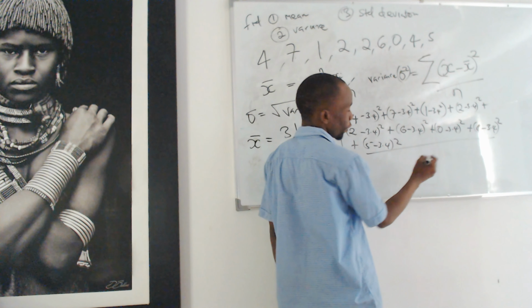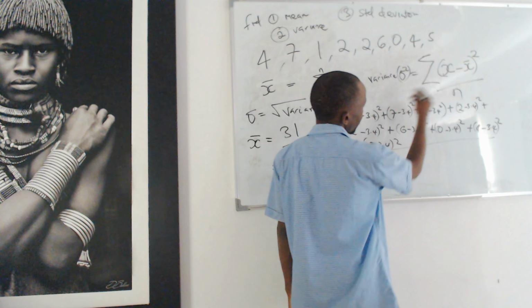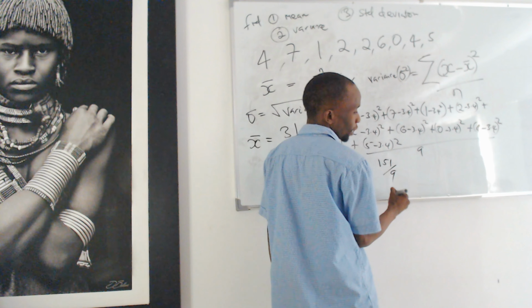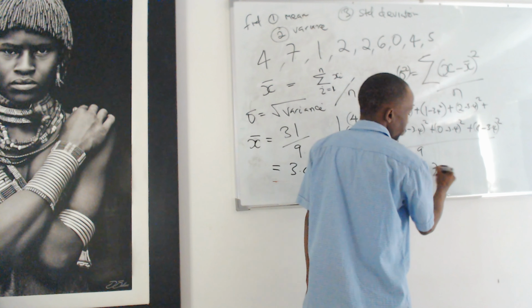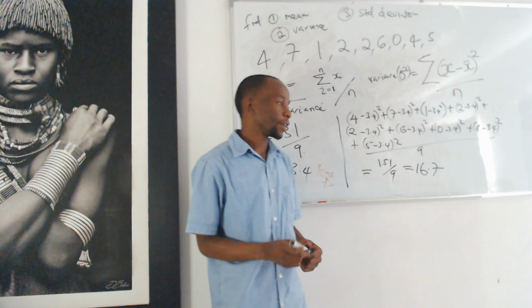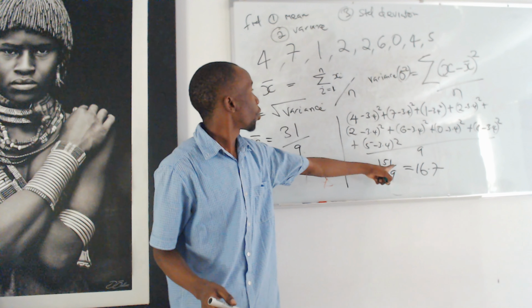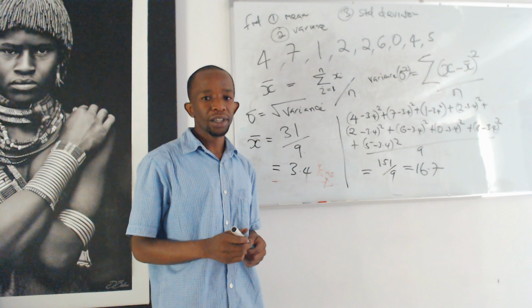All of that divided by n. Our n is equal to 9. So if you compute on this calculator, you find 151 divided by 9, which is equivalent to 16.7. So therefore, our variance is equal to 16.7.